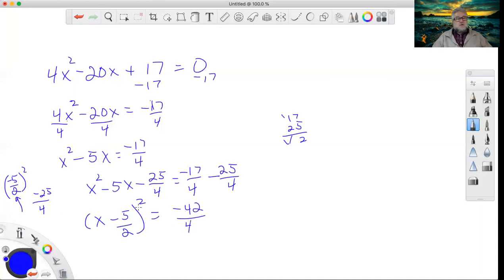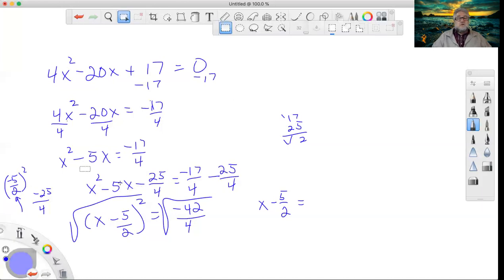Now what? Oh, I got to get rid of the exponent. Square root, square root. So this will be x minus 5 halves equals, oh, what did I do? Oh, I did it wrong. You didn't catch me.